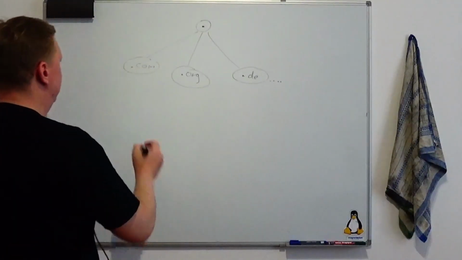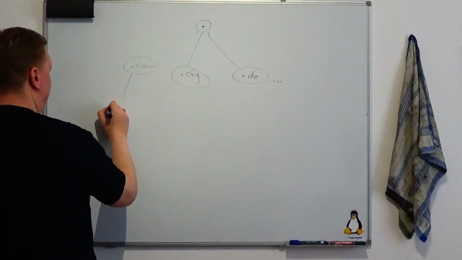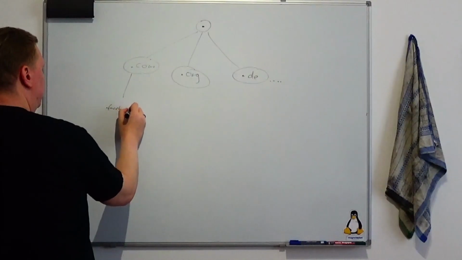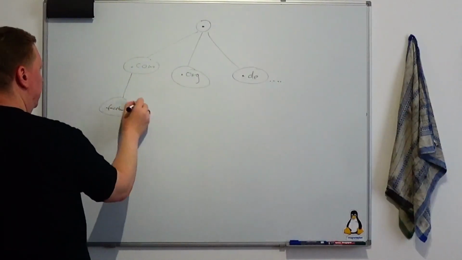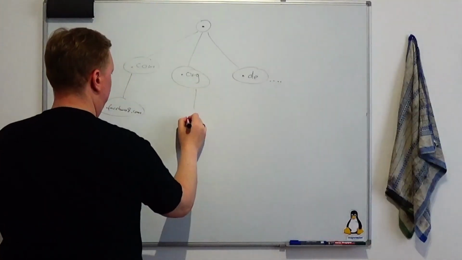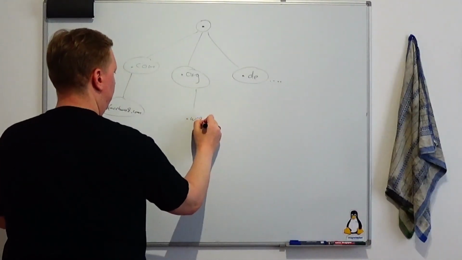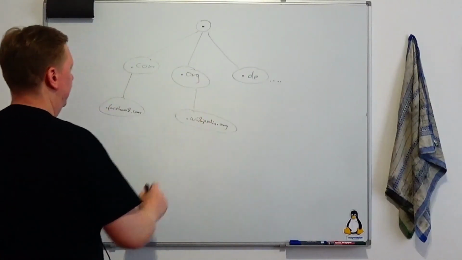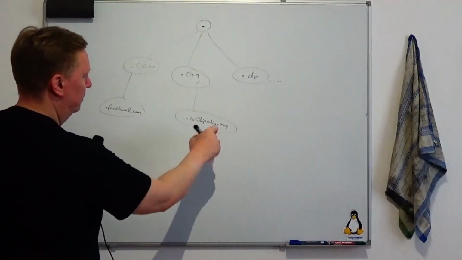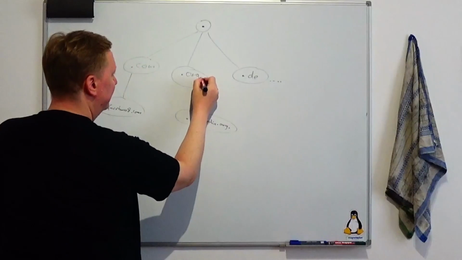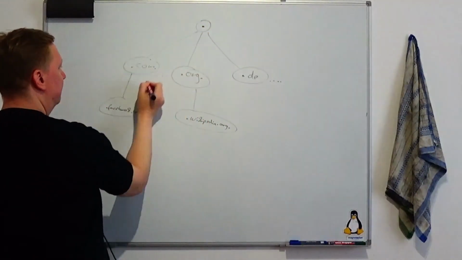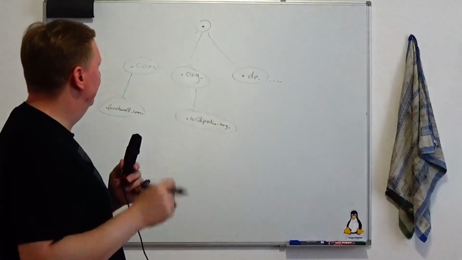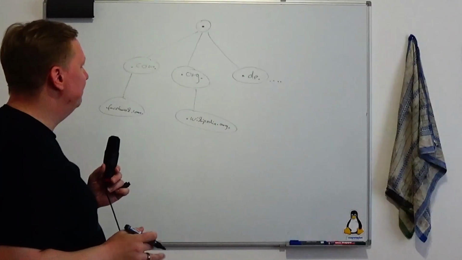Okay, and then below that you have something like facebook.com and wikipedia.org. And technically this is actually wrong. So technically there has to be a dot at the end of this also for this root dot, but nobody uses that actually anymore, but technically it has to be there.